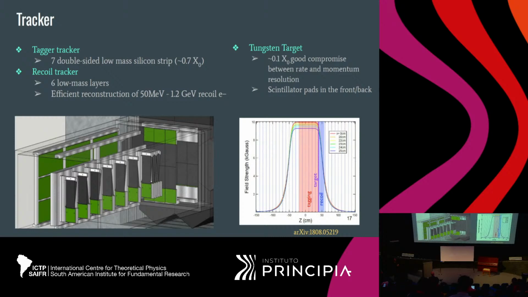The target is 0.1 radiation length, and this is just a compromise because on one side, if you increase the thickness of the target, you will potentially have more interactions and therefore a larger yield of produced dark matter. And on the other side, this may result in multiple interactions, degrading the energy and bringing in background events, and so this was chosen as a good compromise.